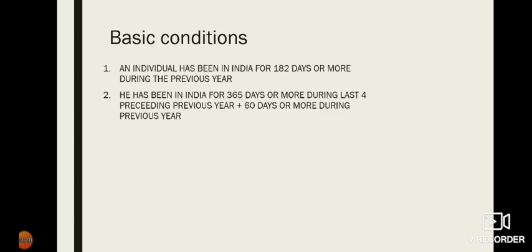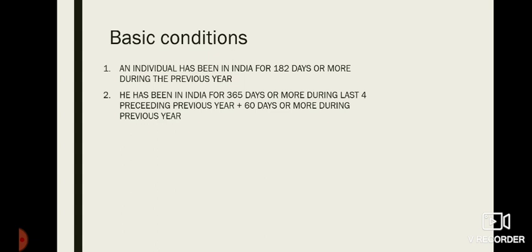If a person has stayed in India for 365 days or more during the last 4 preceding previous years, plus the second condition is he has been in India for 60 days or more during the previous year.